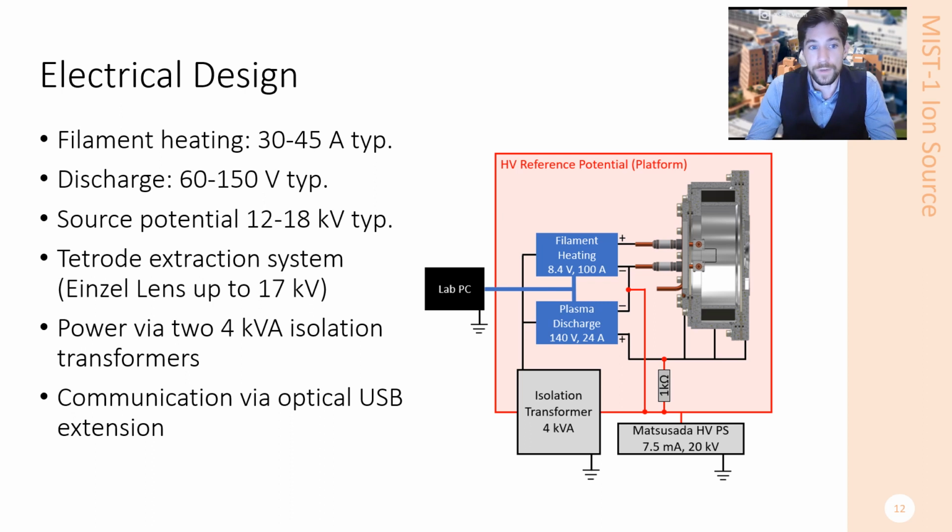We have our source on a high voltage potential of up to 18 kilovolts, and then we have a tetrode extraction system with an Einzel lens element that can go up to 17 kilovolts. Power is brought up to the high voltage platform through 2 4 kVA isolation transformers, and we communicate with these power supplies through an optical USB extension cable.